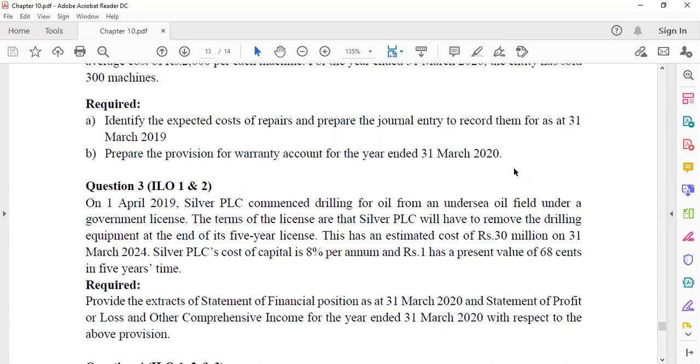Okay, you would have attempted. So shall we have a look at that? Let me copy the information first.